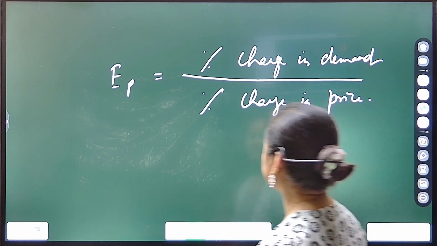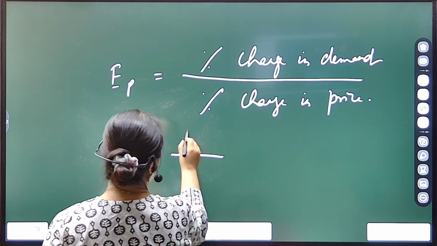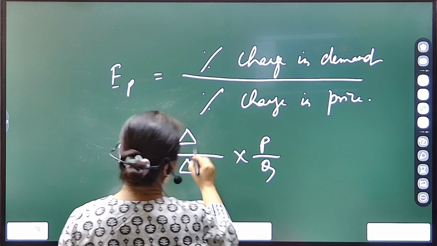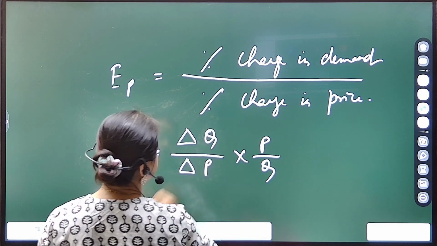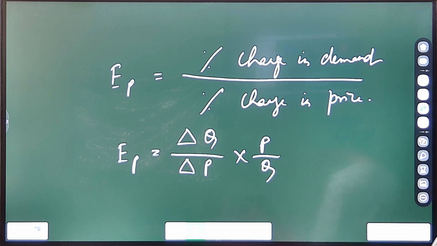So we can write this as EP equal to change in quantity divided by change in price into P by Q. Write down this formula.